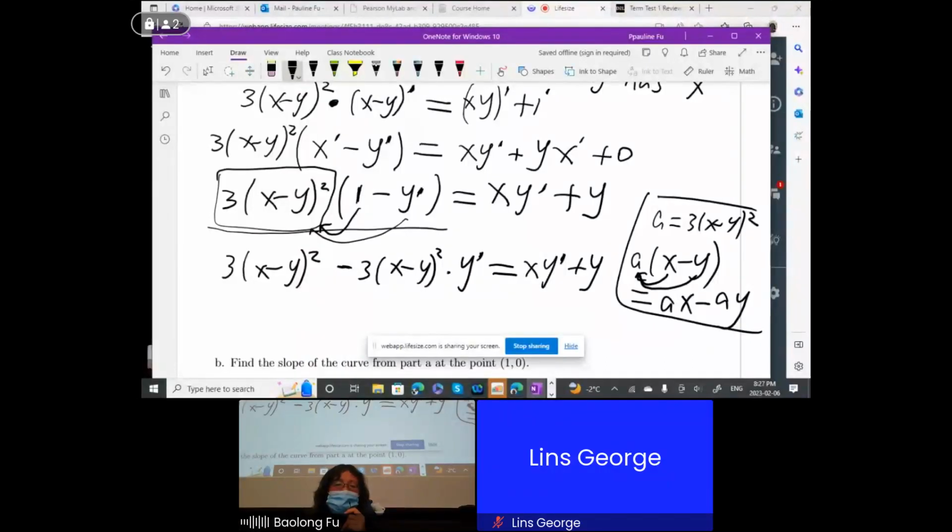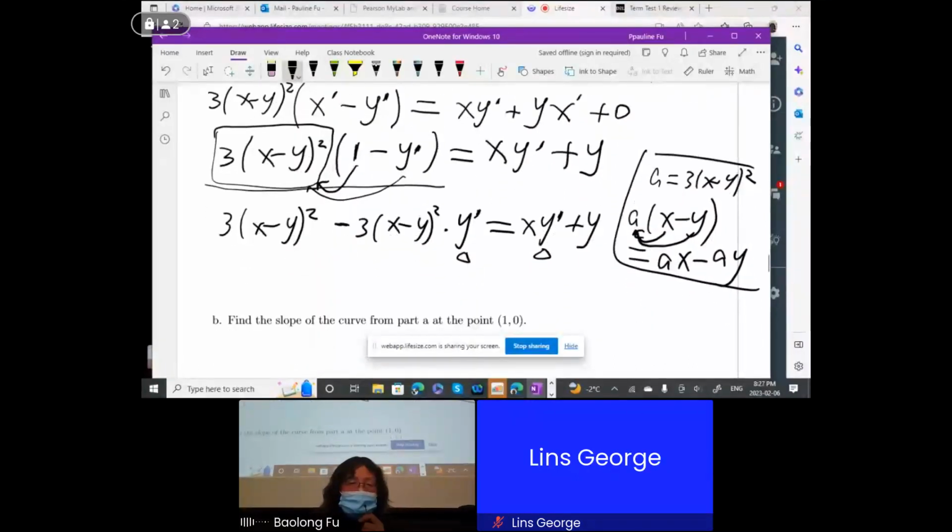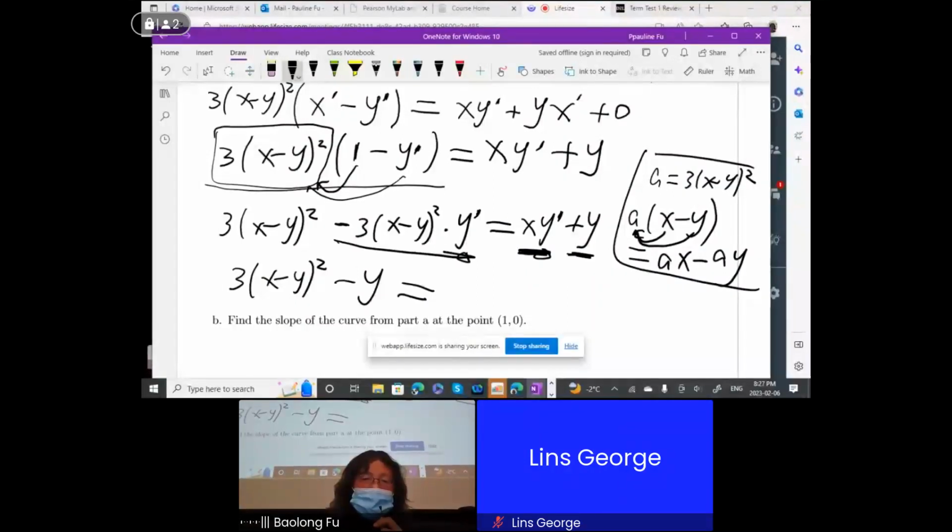Now I can collect like terms. I see y prime. So I will move this xy prime to the left-hand side. I want to move this plus y to the left-hand side, where it becomes negative y. And move this item to the right-hand side, where it becomes positive 3.